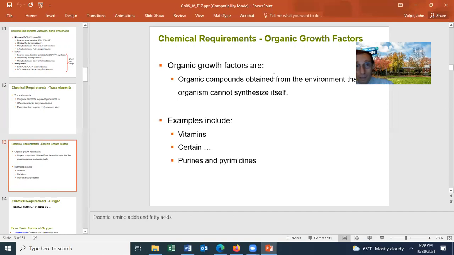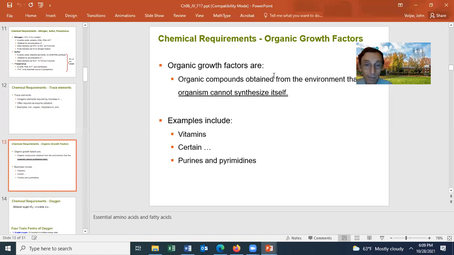For example, I mentioned as a vitamin, humans do not make vitamin C, so that's an organic growth factor for us. Humans also don't make the amino acid lysine, so we have to get that in our diet. It's an essential amino acid.